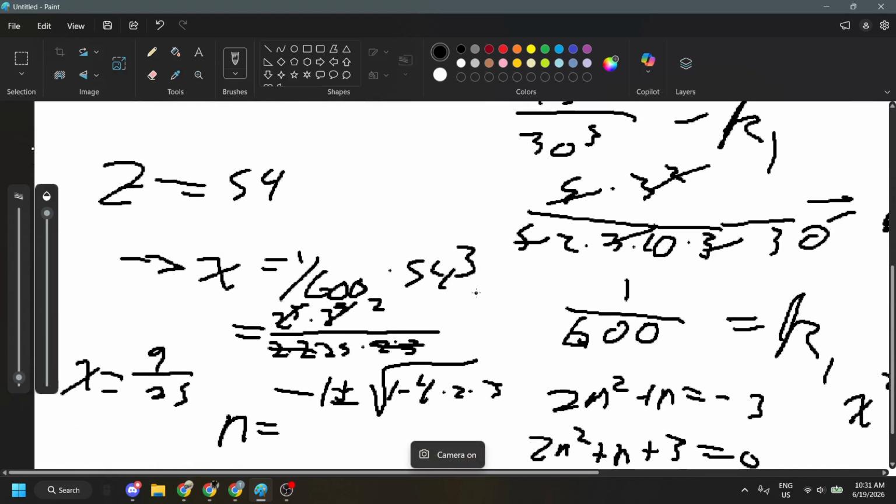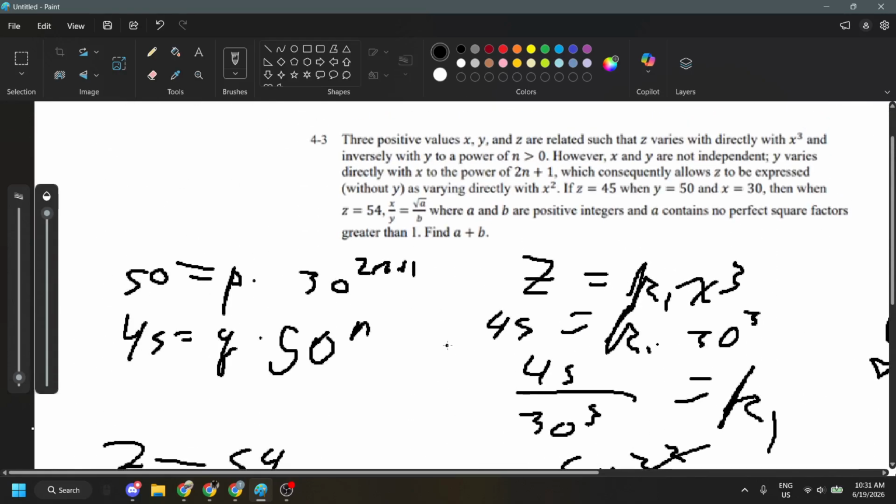Now, how do we find y? 54 is equal to... We don't know what p is.